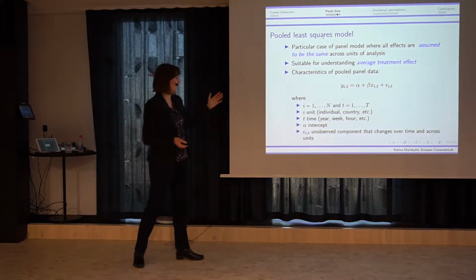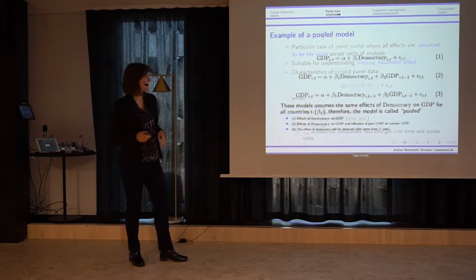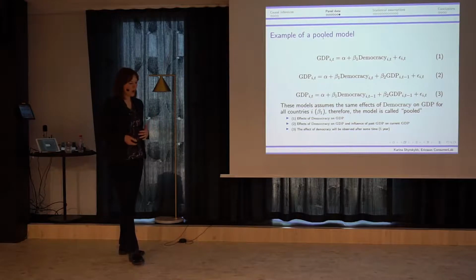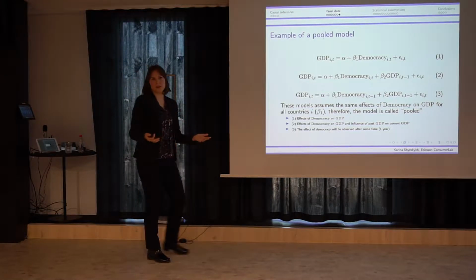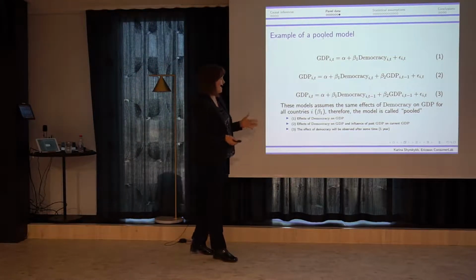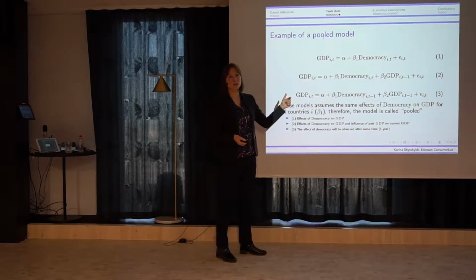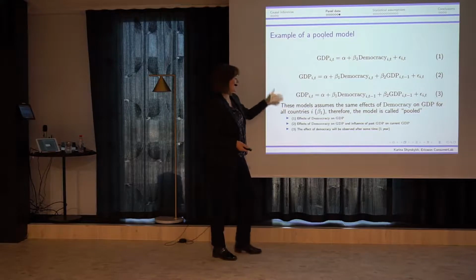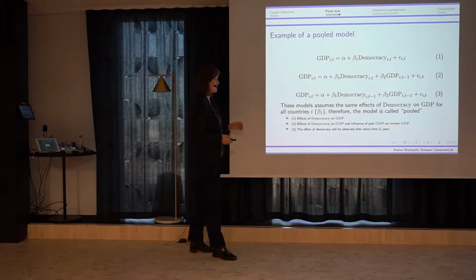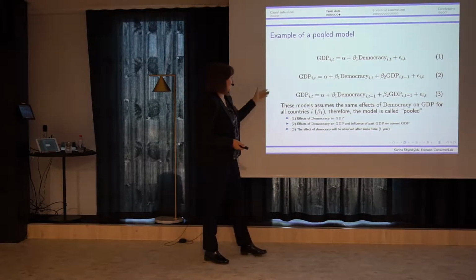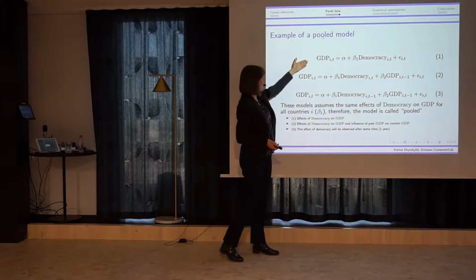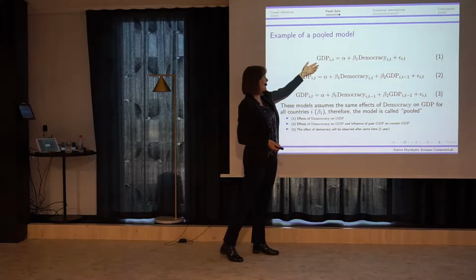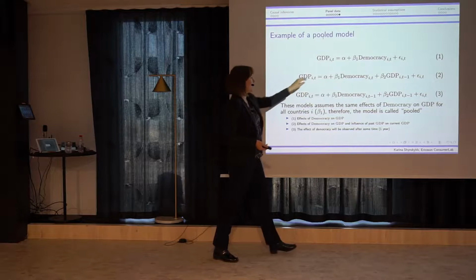And that's, again, how it looks. When we talk about hypothetical examples, for instance, of a model that would analyze effects of a treatment variable on the outcome variable, these are just a few examples. For instance, we can study how democracy can affect GDP in a country.